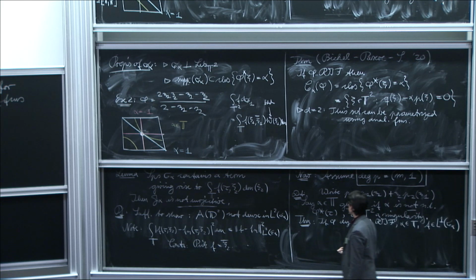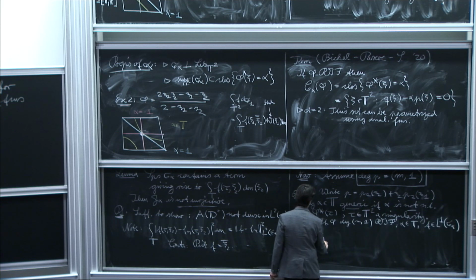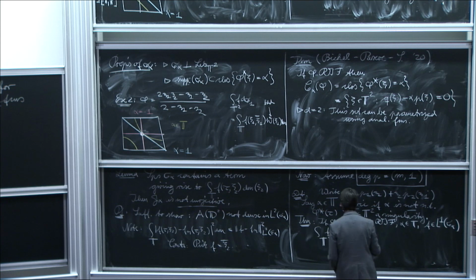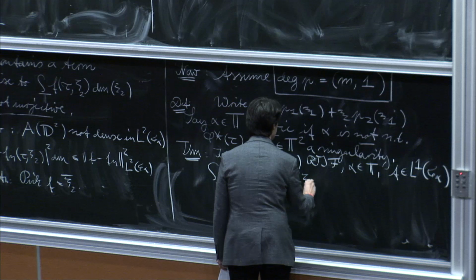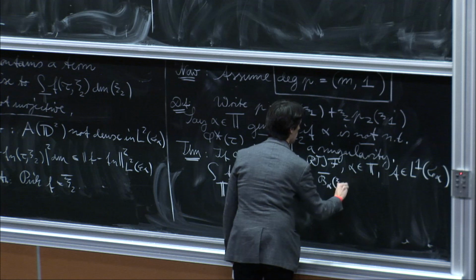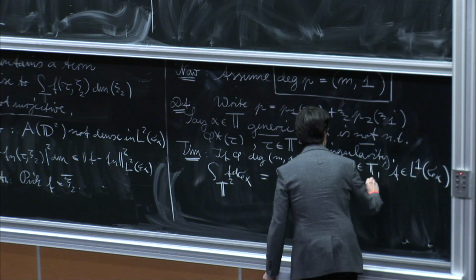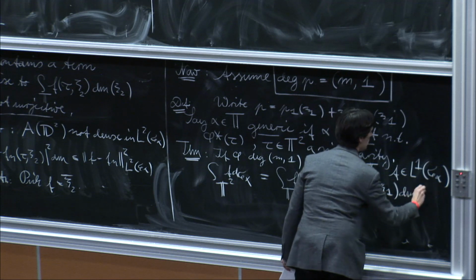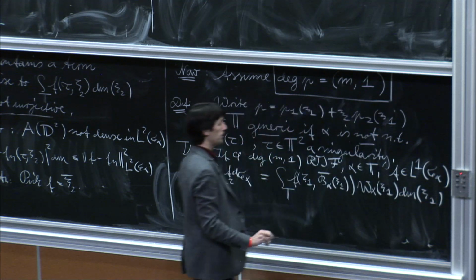Then I'm going to tell you what the measure looks like. f d sigma alpha looks like an integral over the unit circle of f(zeta 1, b alpha bar zeta 1) w alpha(zeta 1) dm(zeta 1).